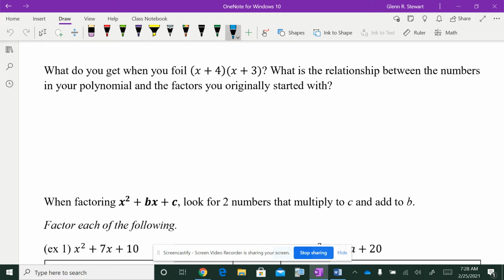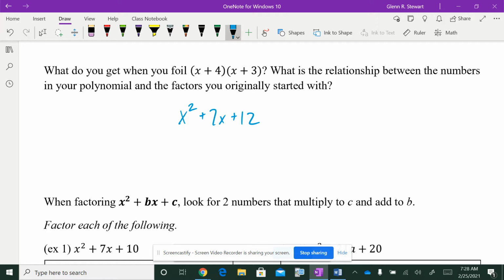Did anyone get an answer? Anyone want to share their answer? Okay, Josh? Good. Okay, x squared plus 7x plus 12.